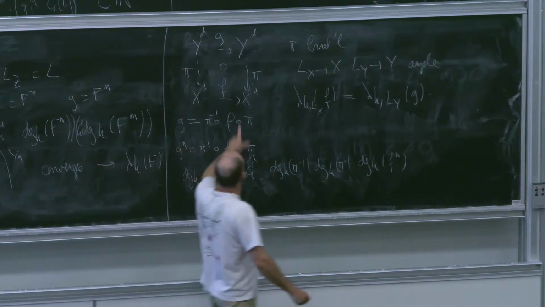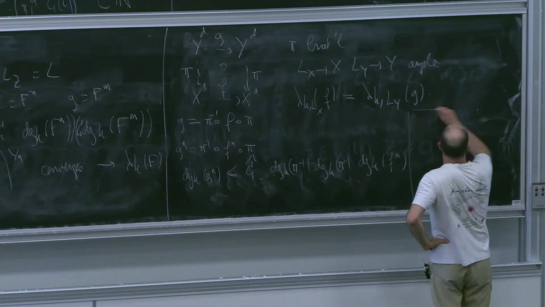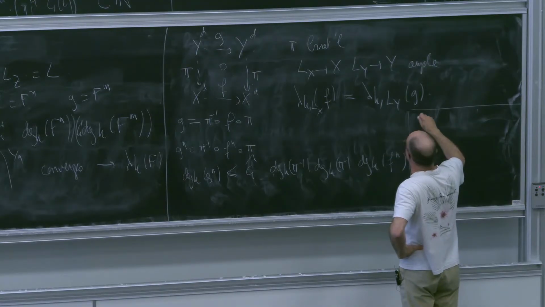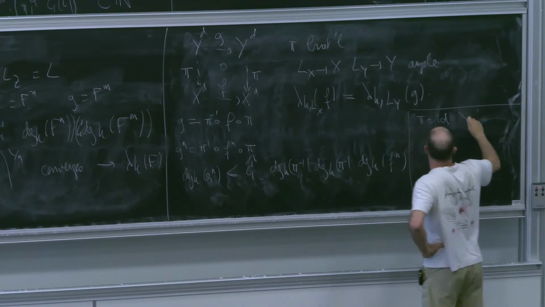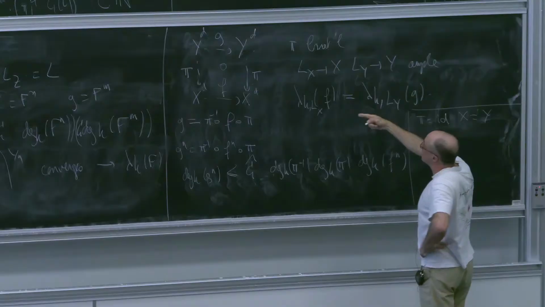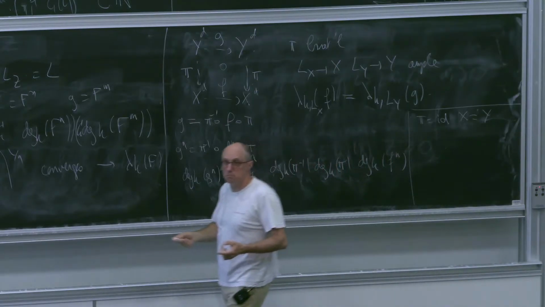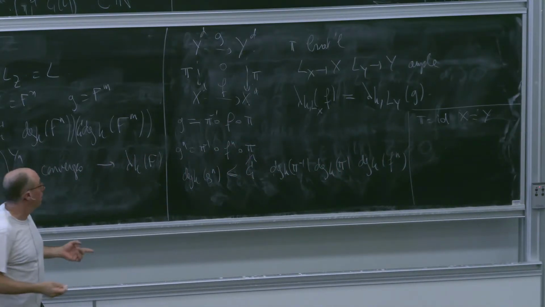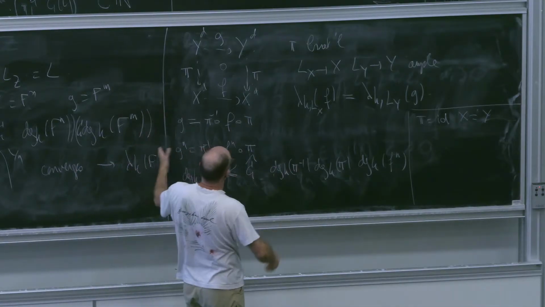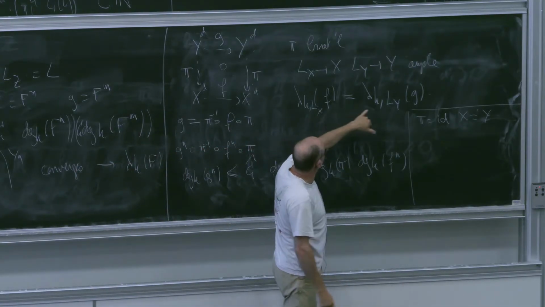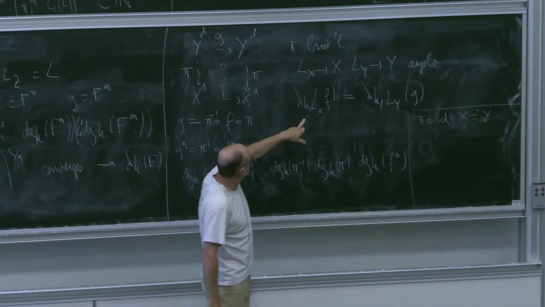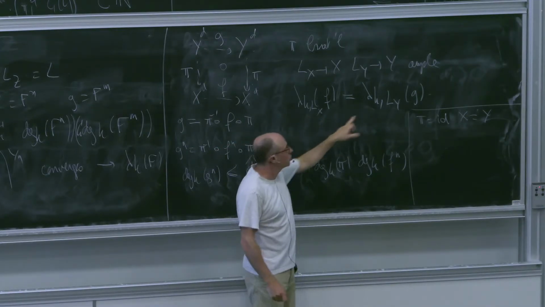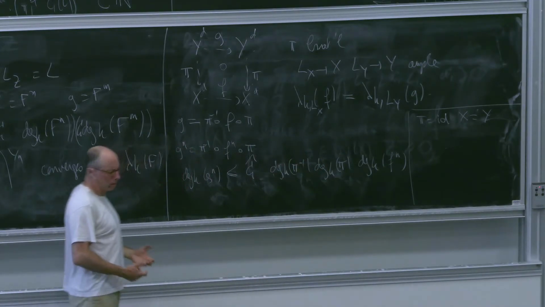The remark here is that I could have taken pi equal to the identity, so x equal to y, and then I'm choosing two different line bundles. This works perfectly, and in this case I'm concluding that the dynamical degree does not depend on the choice of the line bundles.